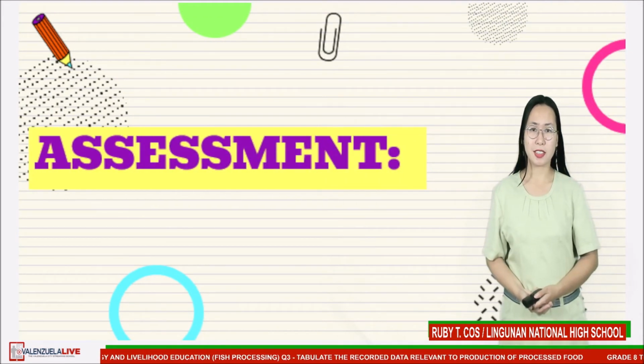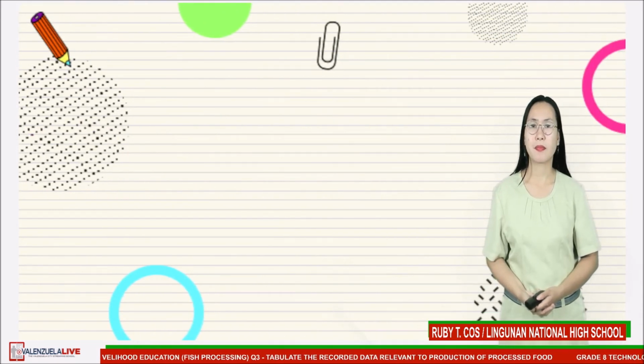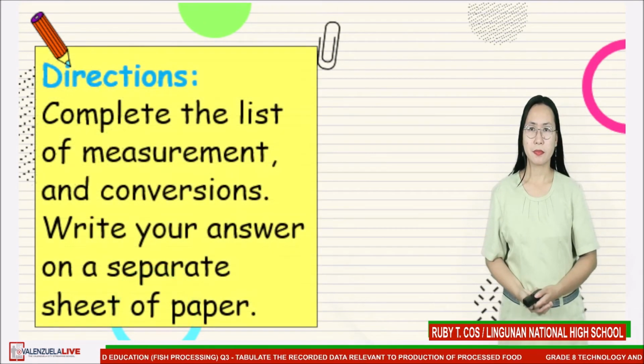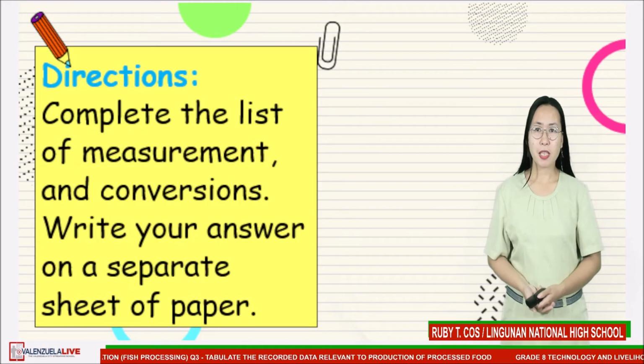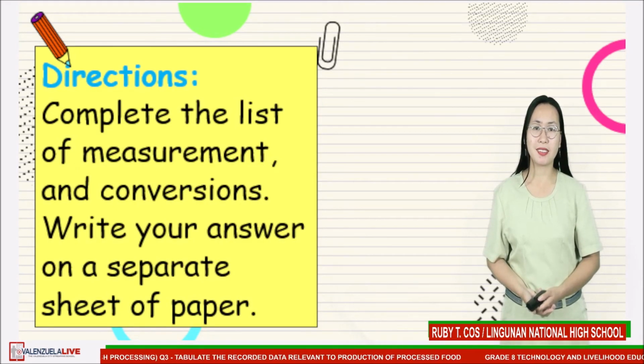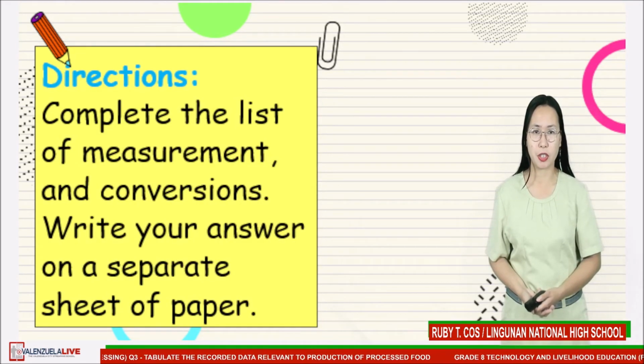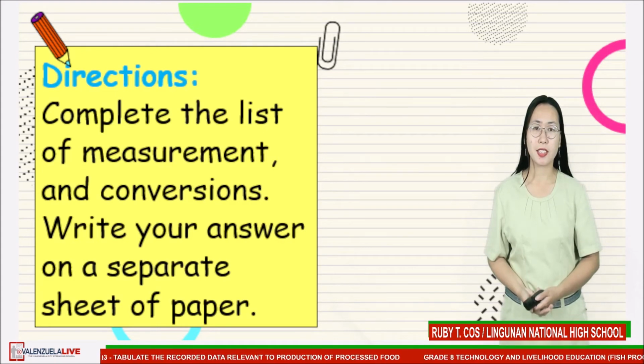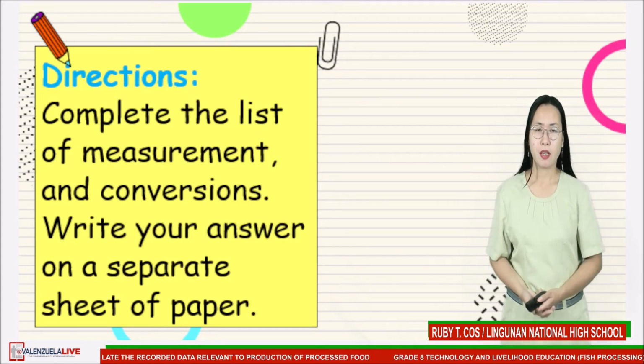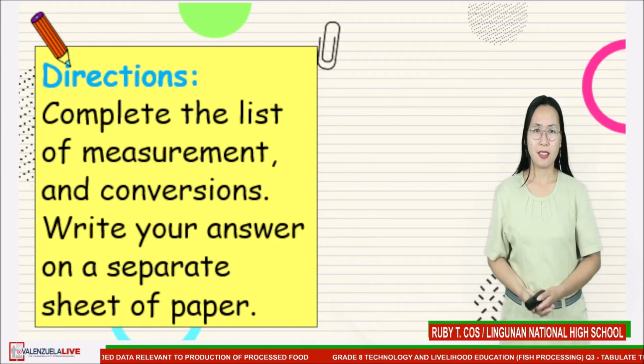For your assessment, for 5 seconds, you need to complete the list of measurements and conversions. Write your answer on a separate sheet of paper. Are you ready? Let's start.